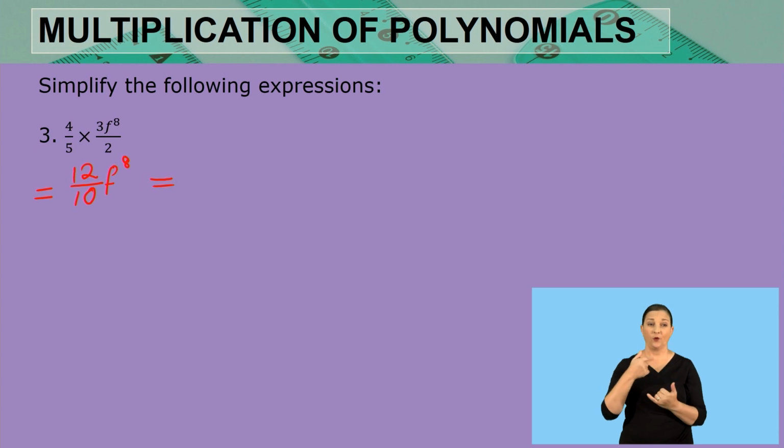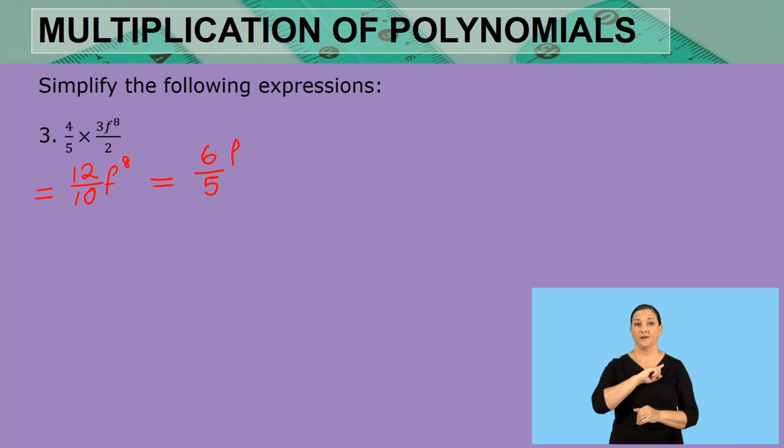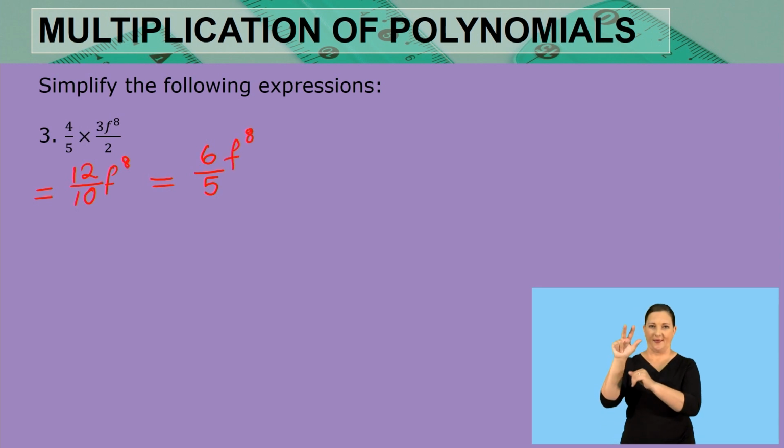So this means that we are going to divide the numerator by 2 and also divide the denominator by 2. So 12 divided by 2 gives us 6, and 10 divided by 2 gives us 5. And of course, we have the f exponent 8. So there we have 6/5 and f exponent 8.